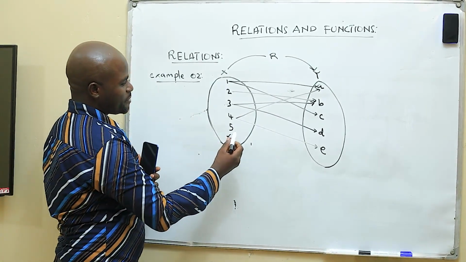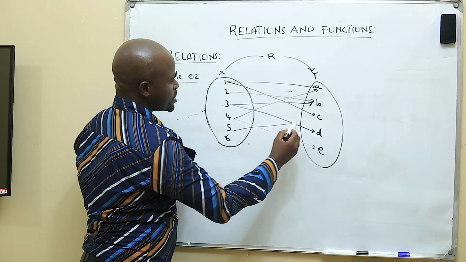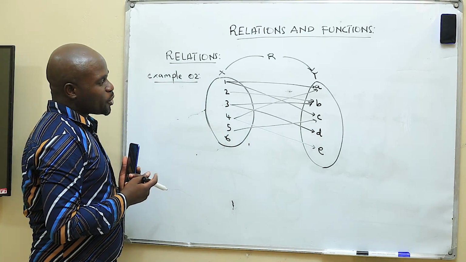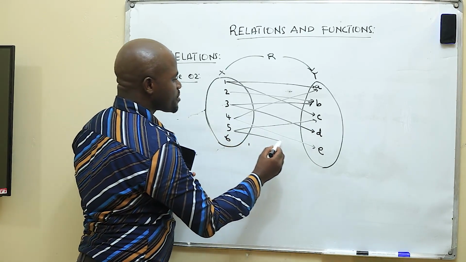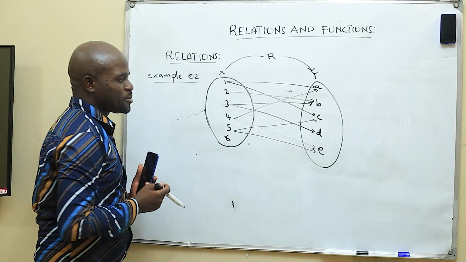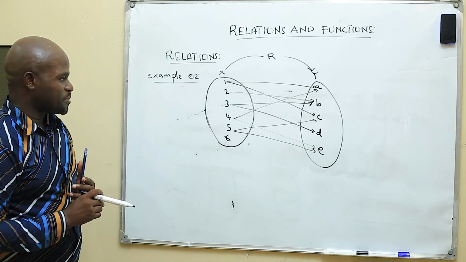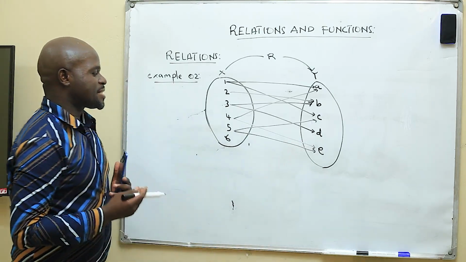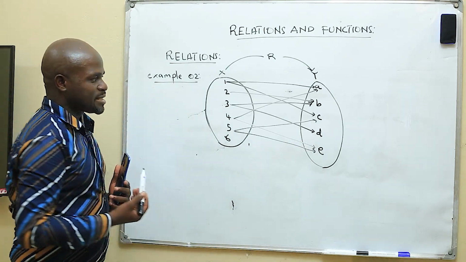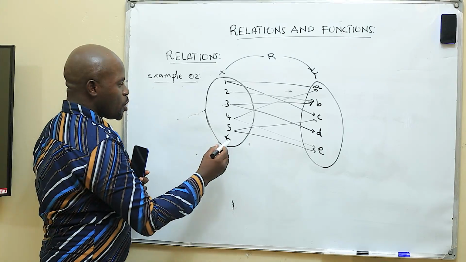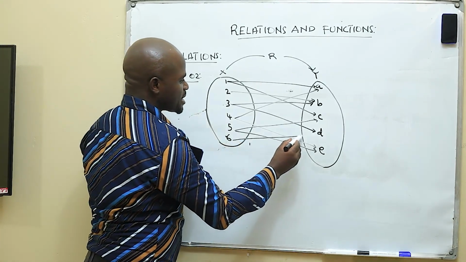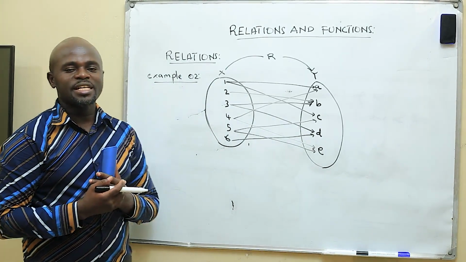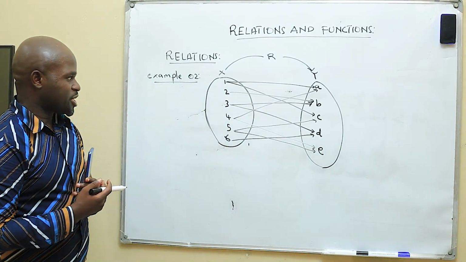We have number 5. Number 5 can relate with C. This is possible. But also number 5 can go with E. This is possible. In relation, no problem. So 5 can go with 2 elements of the second set. We have number 6. Number 6 can go with only one element of the second set, maybe D. Yes, so this is the real definition of a relation.